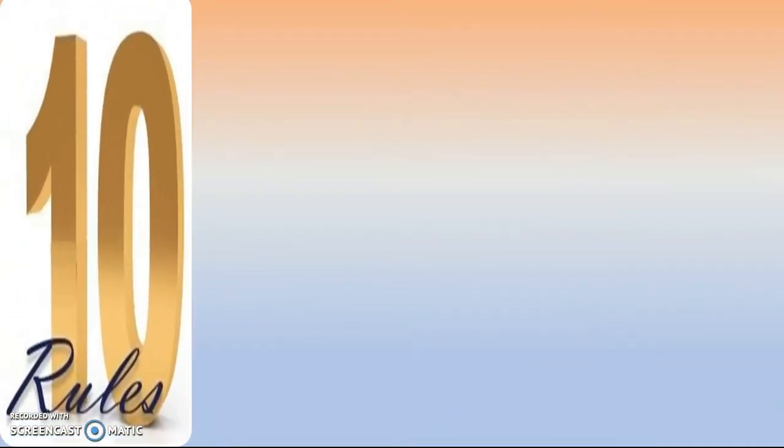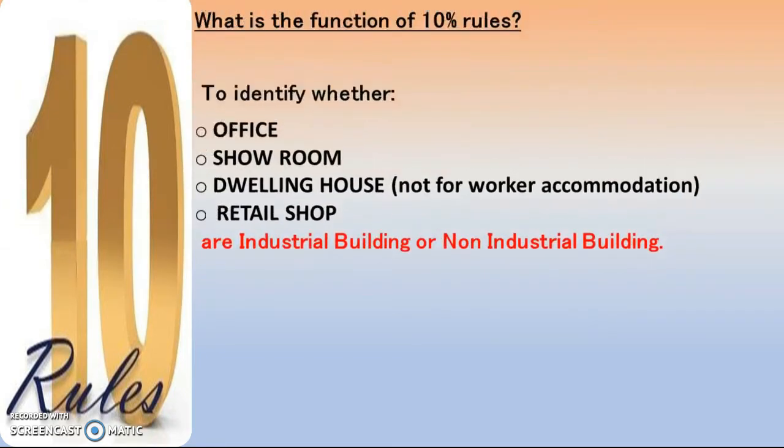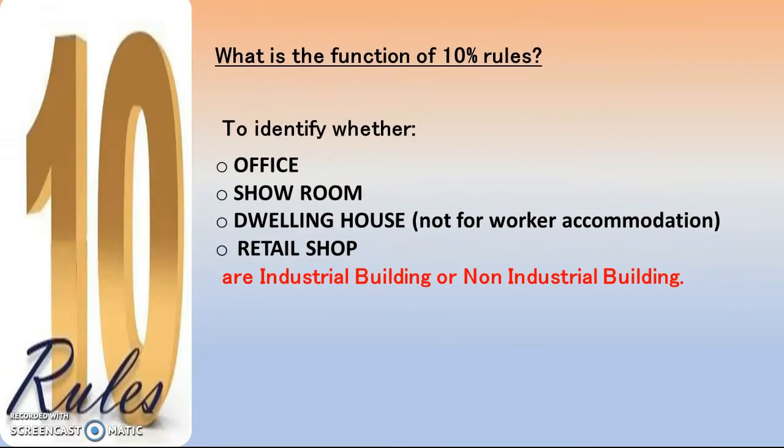So, what is the 10% rule? What is its function? It is to identify whether an office, showroom, dwelling house not for worker accommodation, or retail shop is an industrial building or a non-industrial building.